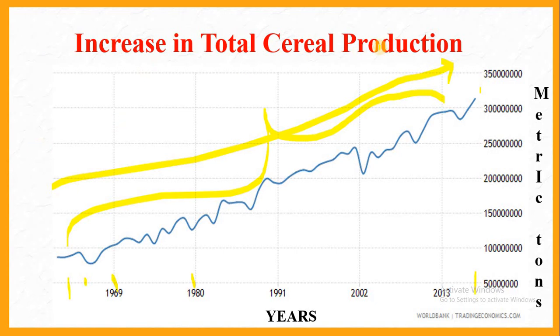So you have seen that there is an increase in cereal production. What about the 2012 data? It indicates 259 metric tons of cereals. Cereals means combining rice, wheat and everything. Okay.